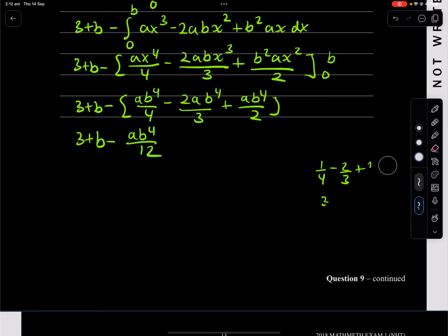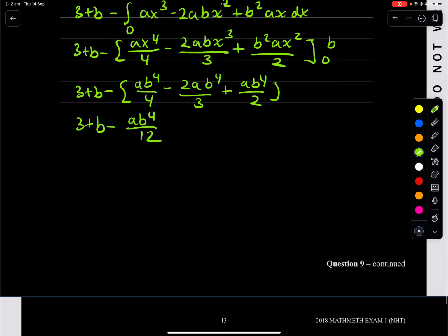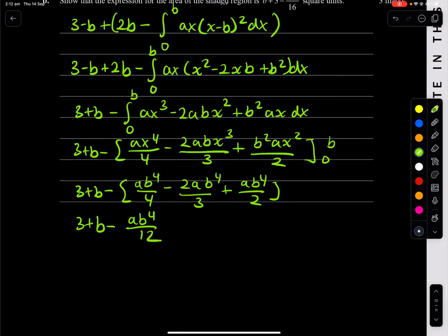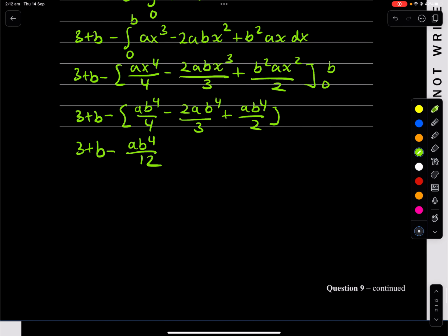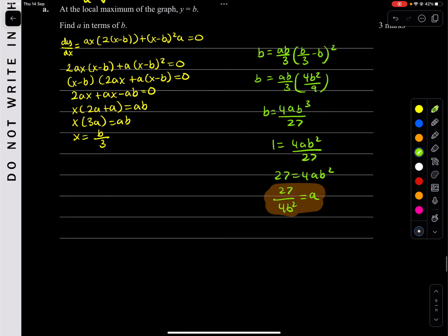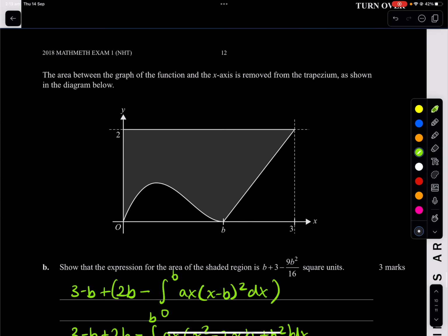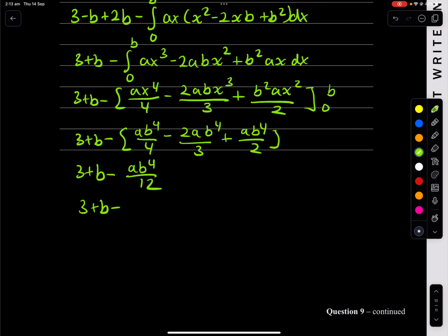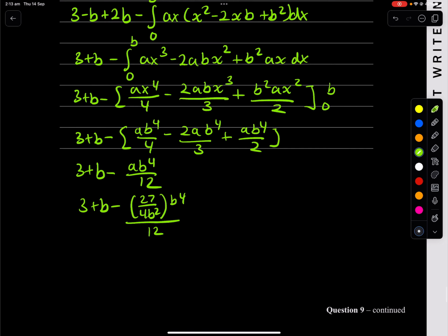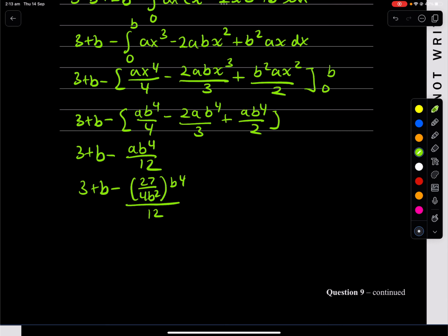But there's an a here, and we know that a is 27 over 4b squared. So 27 over 4b squared, b to the power 4, all over 12.